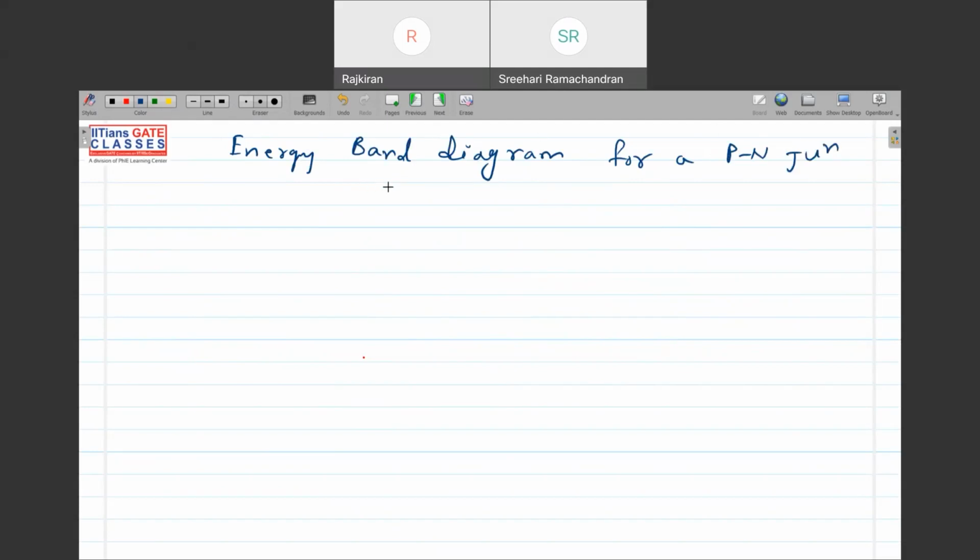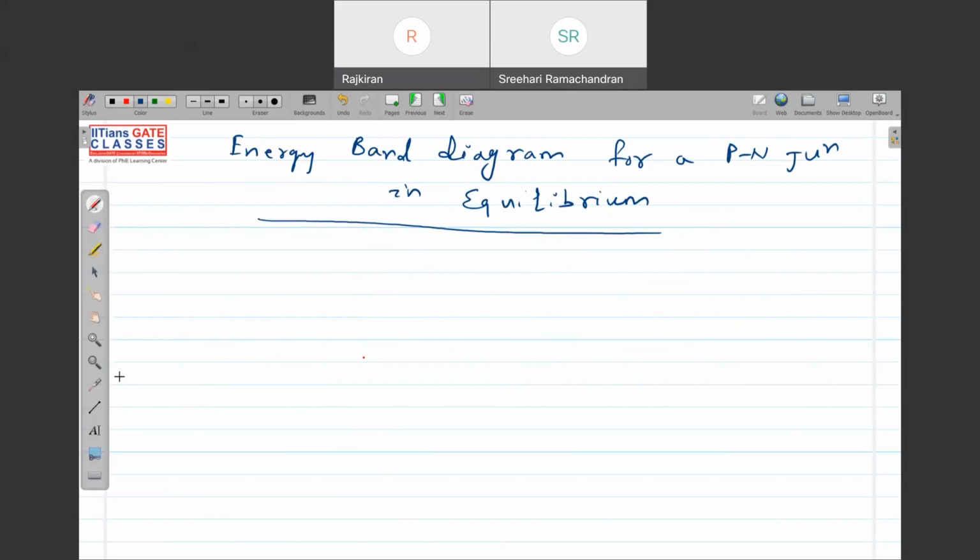Under equilibrium. Okay, so let us take a semiconductor PN junction.